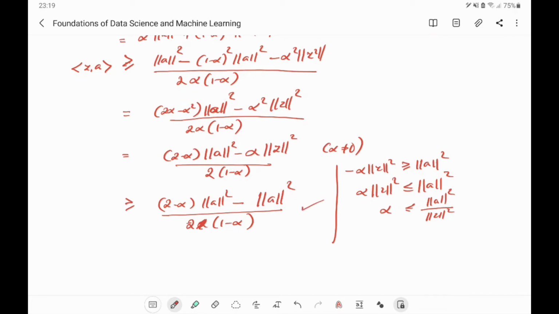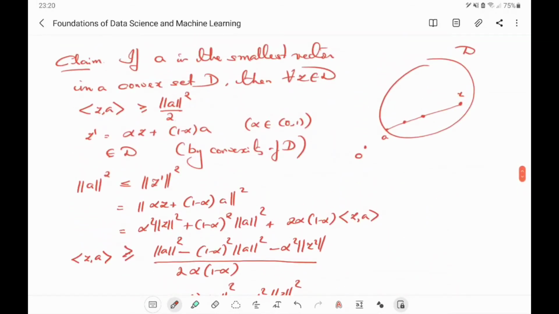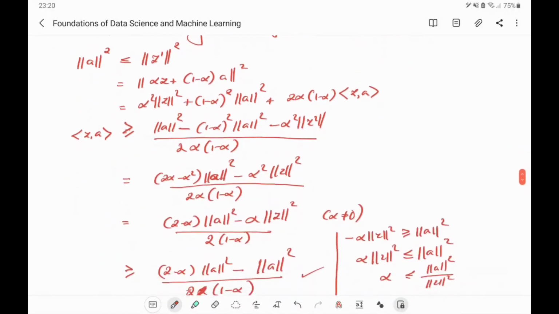In this case, this inequality is correct. So what do I get? So there is a 2 minus 1, so this is 1 minus alpha times norm of a squared by 2 into 1 minus alpha, which is equal to norm of a squared by 2. This is what I had promised, right? Norm of a squared by 2.